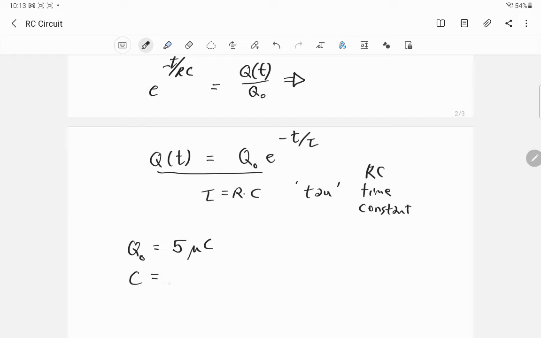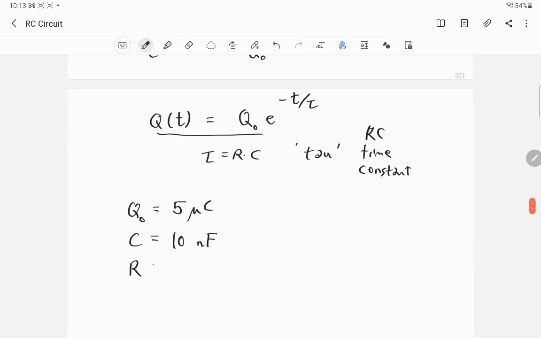We could say the capacitance was, I don't know, 10 nanofarads, and the resistance, let's put in, I don't know, 10 ohms or something like that, right? You can immediately get tau. It's the time constant. It'll be 100, right?